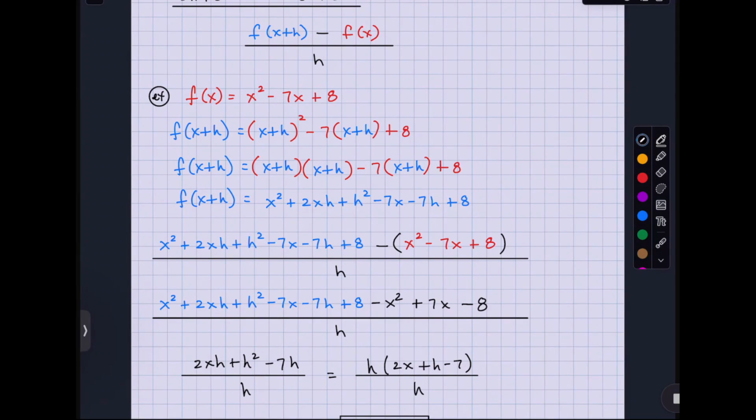And the h should always factor out and cancel out as well. Make sense? So function's given, find f of x plus h, plug it in. Function should always get canceled out. H should always get canceled out. And then we have our answer.